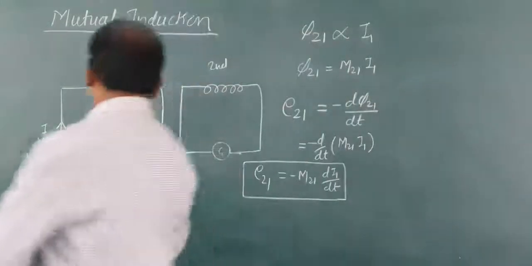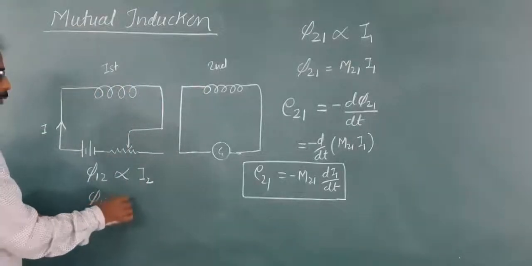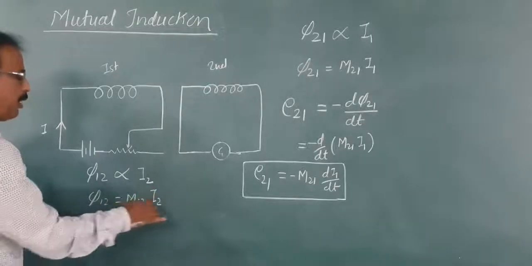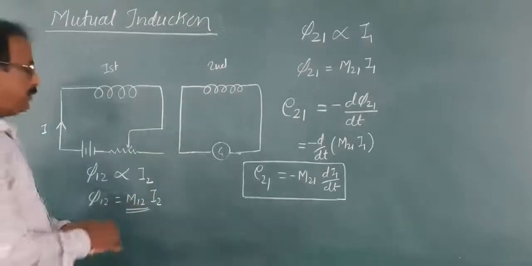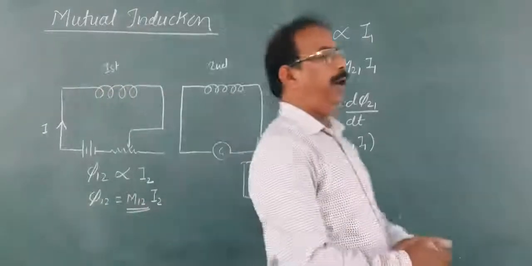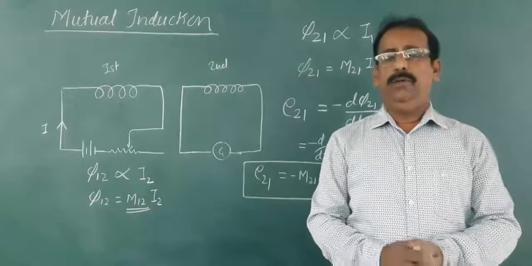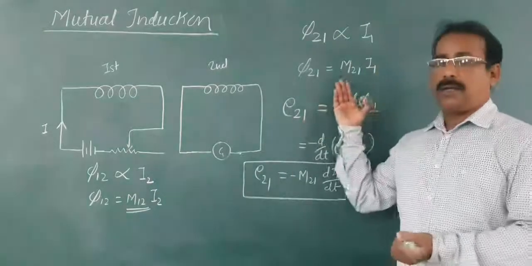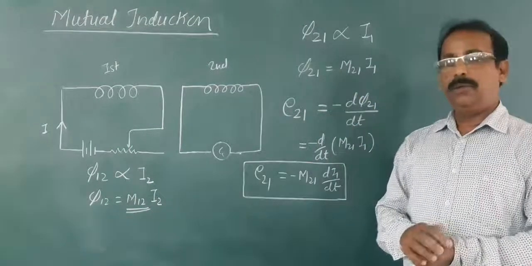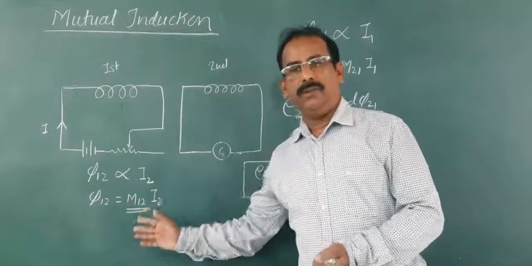Remove the proportionality sign by putting a constant M12. This M12 is called the mutual inductance of the first coil with respect to the second coil. This is the mutual inductance of the second coil with respect to the first coil. This is the mutual inductance of the first coil with respect to the second coil.